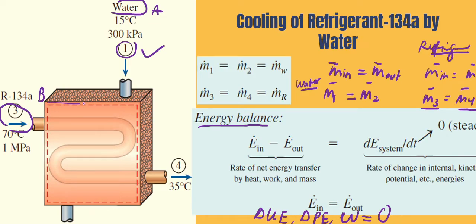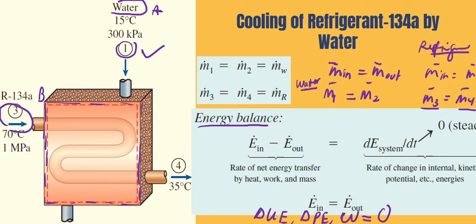For example, you select your system to be the entire system that consists of water and refrigerant, meaning that your Q is equal to zero, just like I explained previously. So if there is no kinetic energy, potential energy, and work, your general energy balance becomes this equation. Only left with this expression, M1 H1 plus M3 H3.